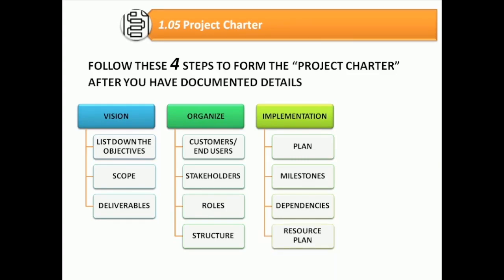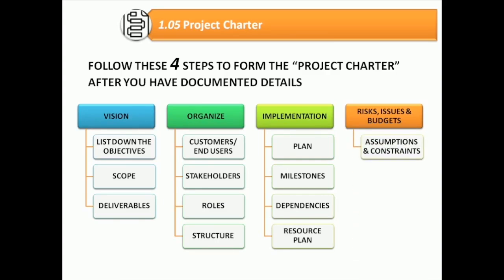Resource plan. Basically, you need to break this down into manpower, material, and equipment. So we have a complete list of all possible resources required for the project. Last but not the least is the risks, issues, and budget.